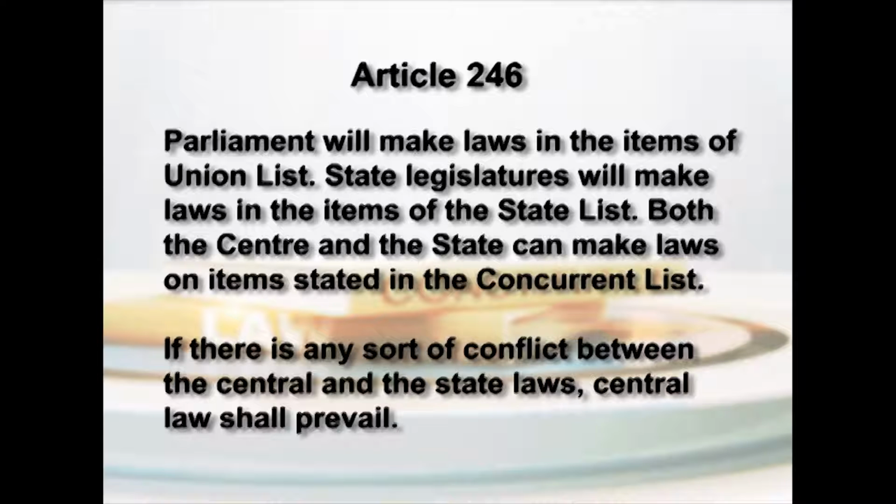But however, if there is any sort of conflict between the central and the state laws, central law shall be declared valid. Article 247. It provides for the power of the Parliament for the establishment of certain additional courts for better administration of laws made by the Parliament.